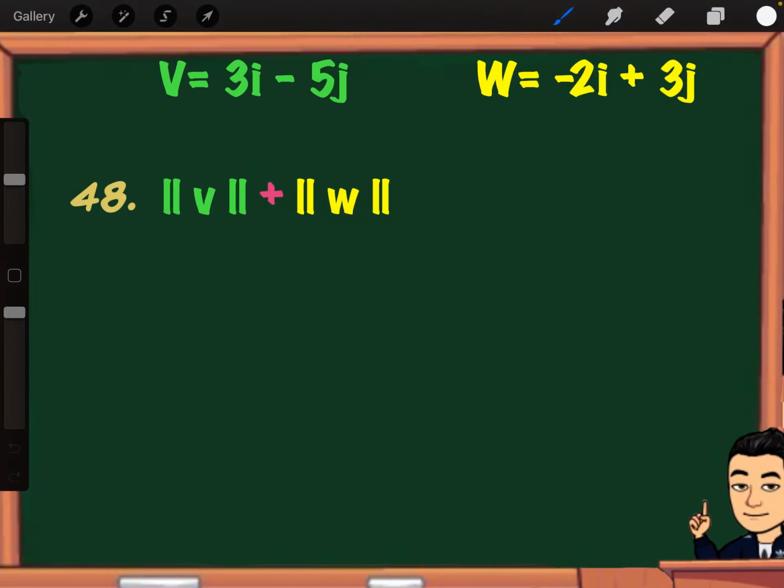So this time we're going to have to find the sum of two magnitudes. So check out the magnitude for v. You're going to use the square root of 3 squared plus the square of negative 5.